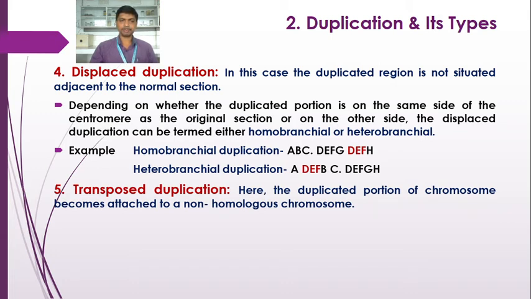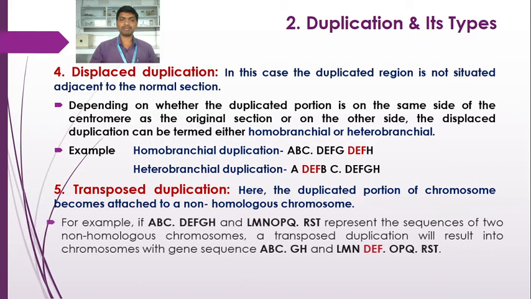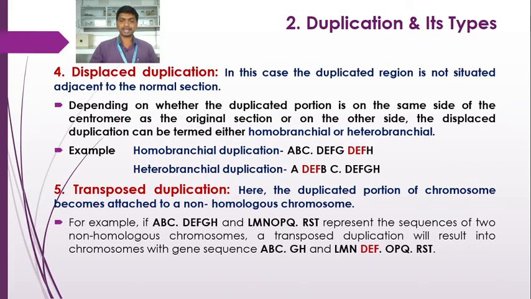The fifth type is the transposed duplication. Here the duplicated portion of a chromosome becomes attached to a non-homologous chromosome. Here, for example, there are two chromosomes. Suppose one chromosome possesses the genes ABC, then the centromere, then DEF GH.